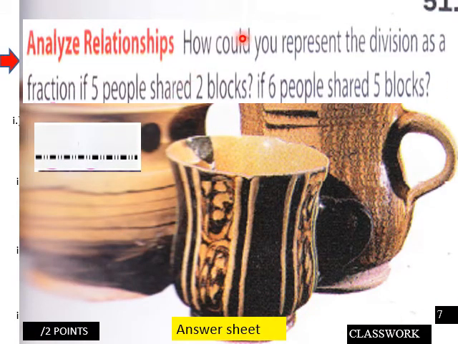Analyze relationships. How could you represent the division as a fraction if 5 people shared 2 blocks? If 6 people shared 5 blocks? So we would have 2/5 for this question here. 2 blocks will be divided 5 ways, and then 5 blocks divided 6 ways here.